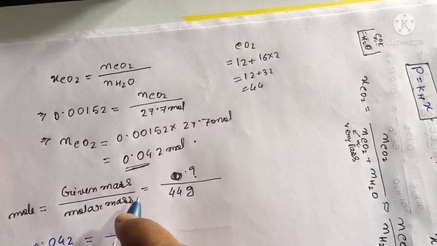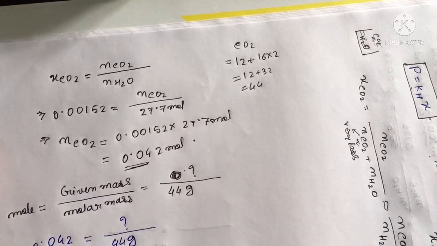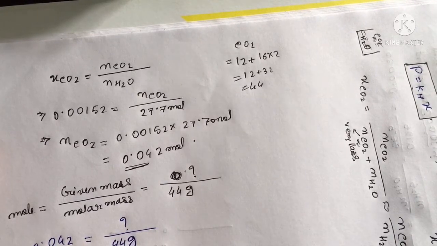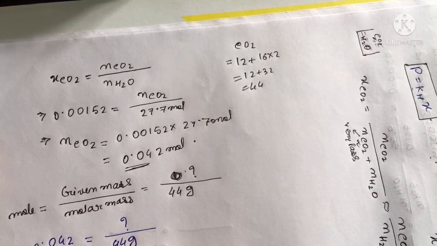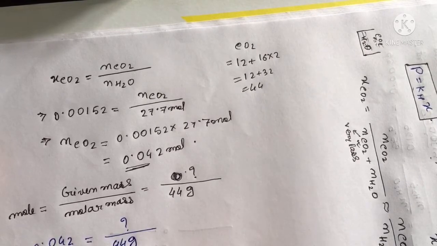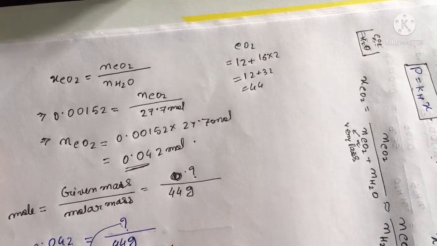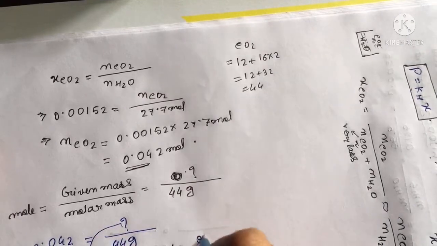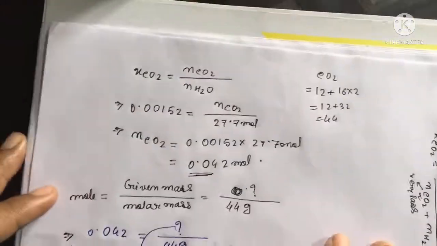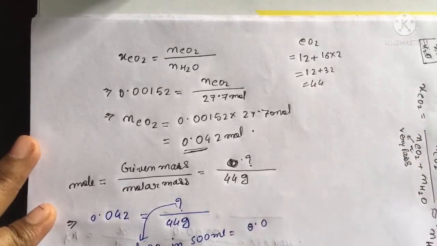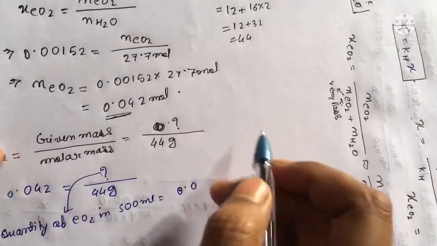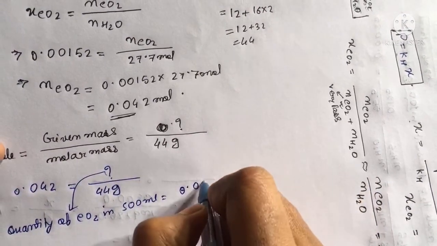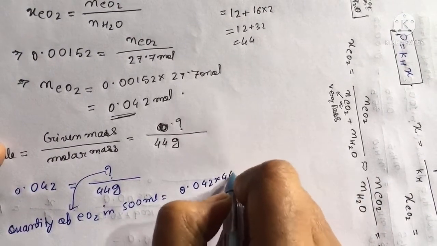If we have to calculate the quantity of CO2 in 500 ml, it equals 0.042 into 44.